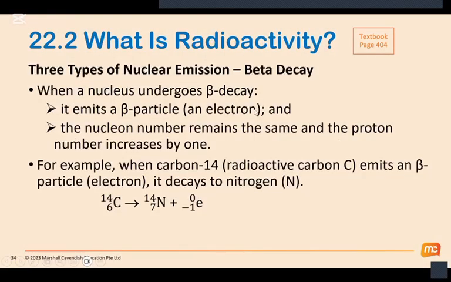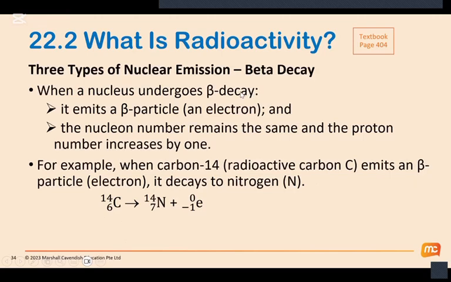Next, we move on to beta decay, or the release of a beta particle. Beta particles are electrons. You can write e, minus 1 and 0, or the beta symbol, minus 1 and 0, is fine. So you have carbon 14 emits a beta particle and it decays to nitrogen. So your carbon 14 will be like this, 6 and 14.